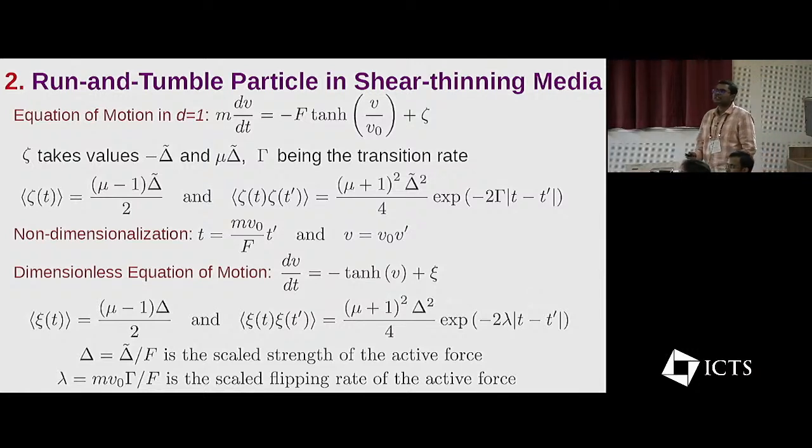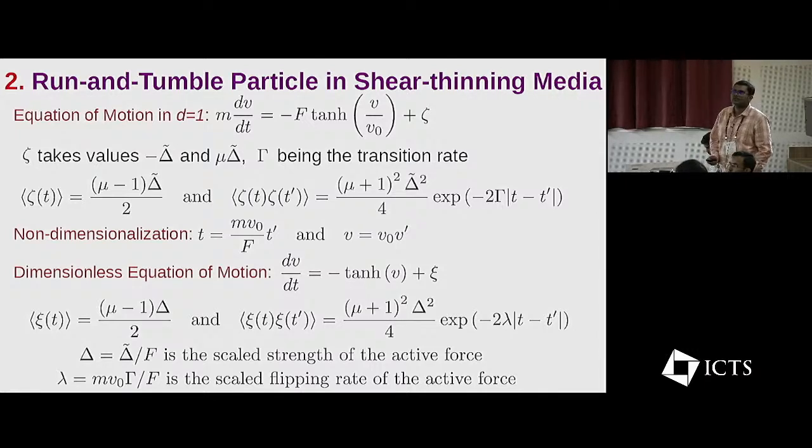We consider Xi to take values minus delta tilde and mu delta tilde. Mu is the parameter which characterizes the asymmetry of the active force, and Xi transitions between these two states at a rate gamma. Here are the average value of Xi and the correlation of Xi.